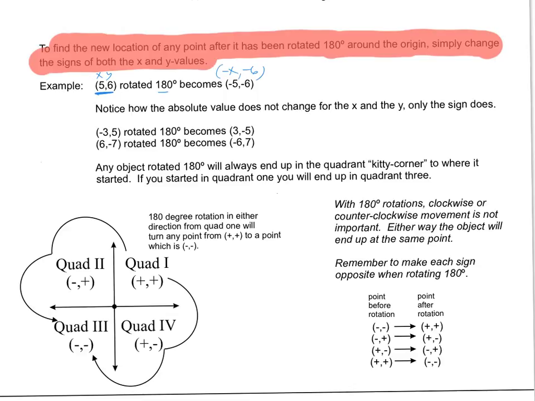Let's look at another point. Negative 3, 5 rotated 180 degrees becomes positive 3, negative 5. So again, the rule is (x, y) is translated with the x changing its sign and the y changing its sign.